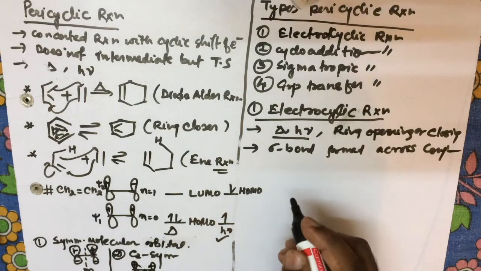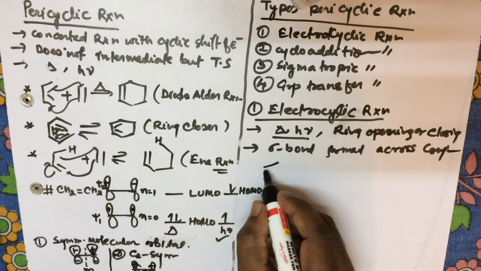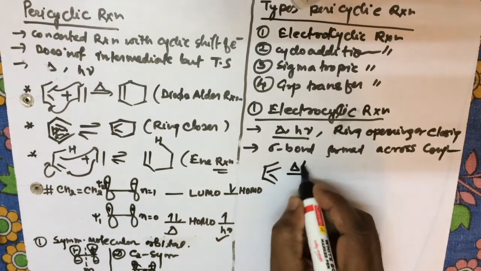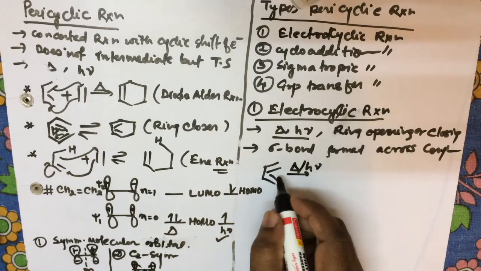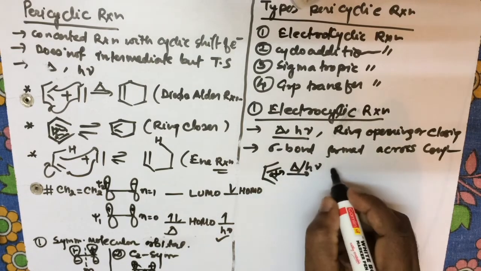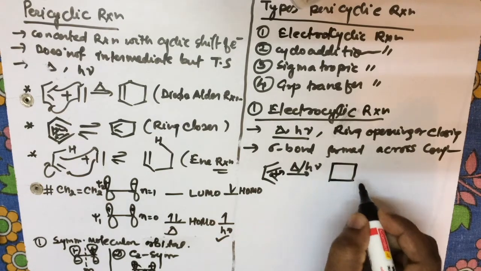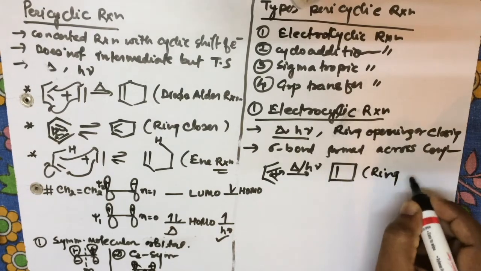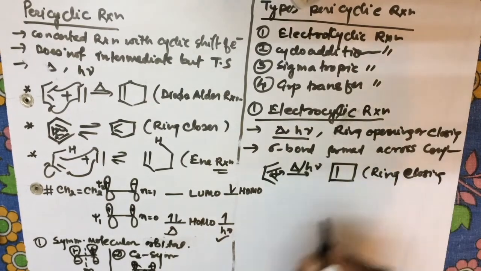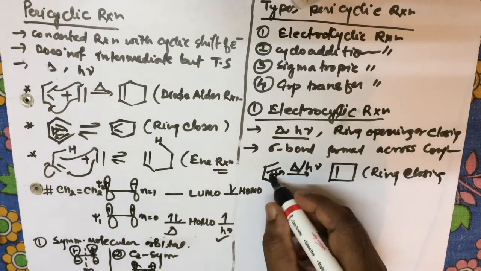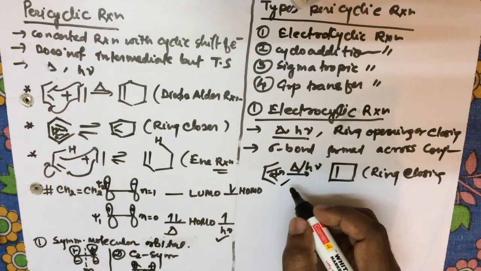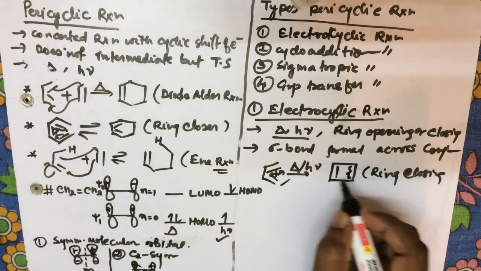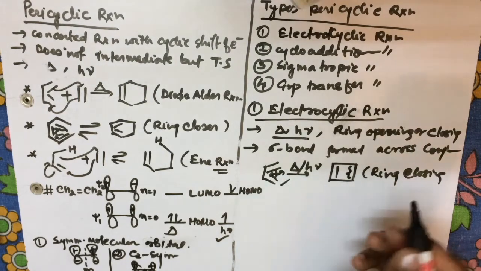So if we see an example, see it here, under light condition, it will go like this and form this. So this is basically the ring closing. So here the loss of pi bond and gain of sigma bond, because here the formation of a sigma bond and loss of two pi bonds.